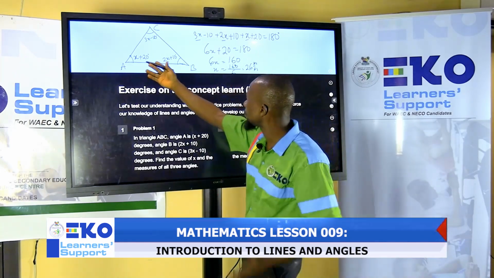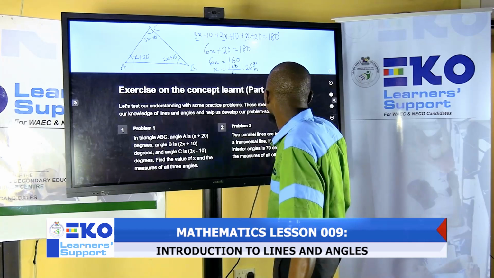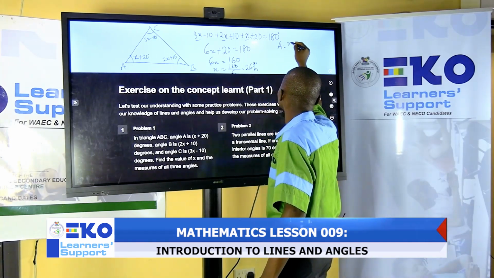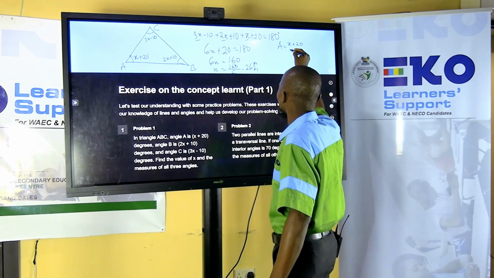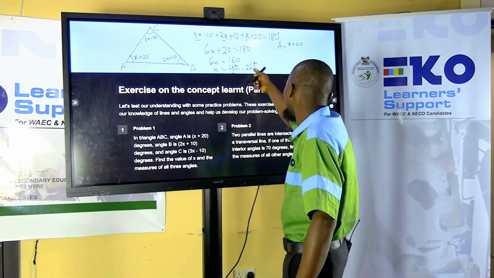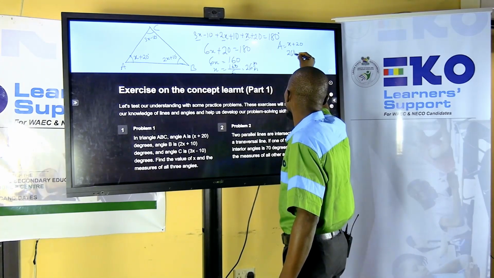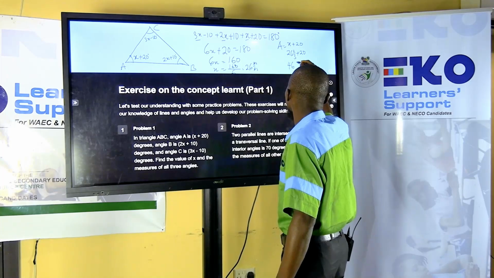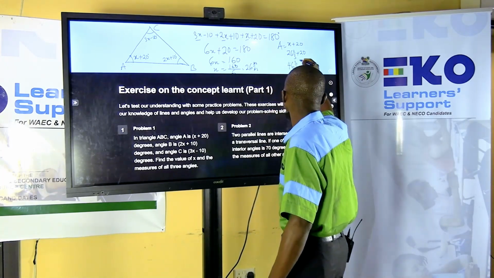But for further calculation, our angle A is x plus 20. You can use this: 26 whole number 2 over 3 plus 20. That will be 46 whole number 2 over 3. That is the angle for that.